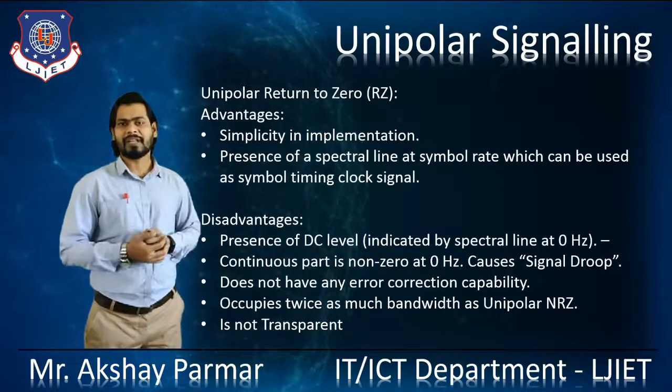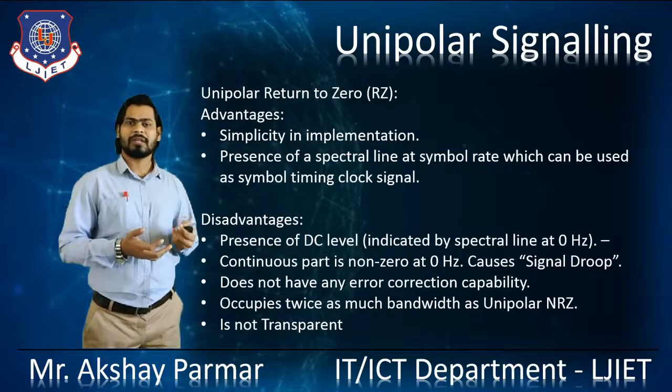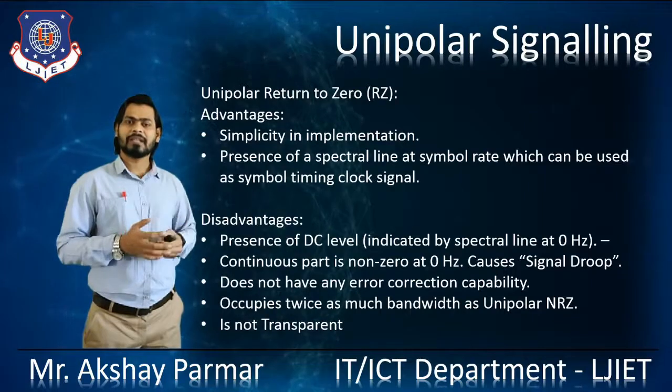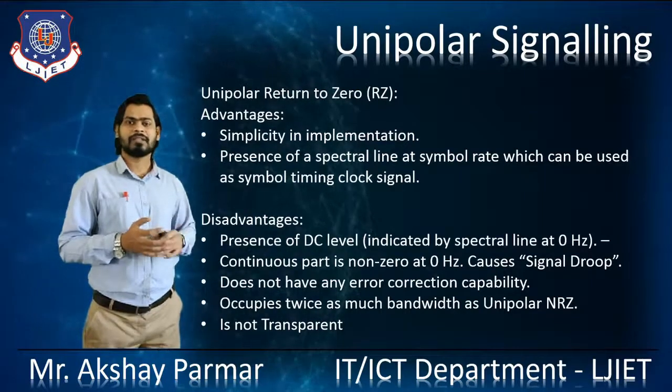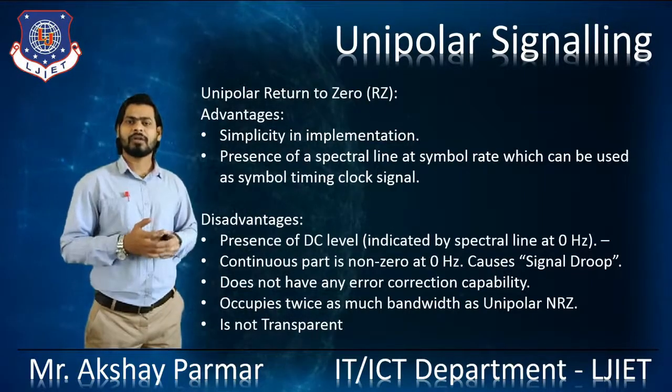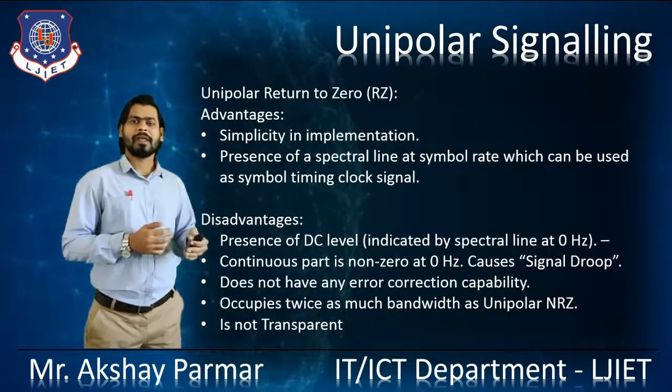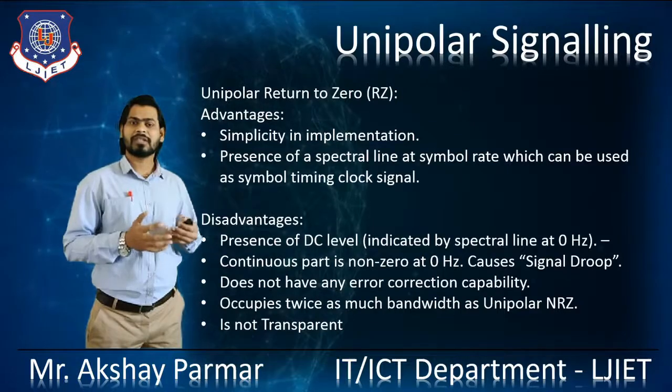The major disadvantage of the unipolar return to 0 is the presence of the DC level. It indicates a spectral line right at 0 Hz. The continuous part at 0 Hz causes signal drop.